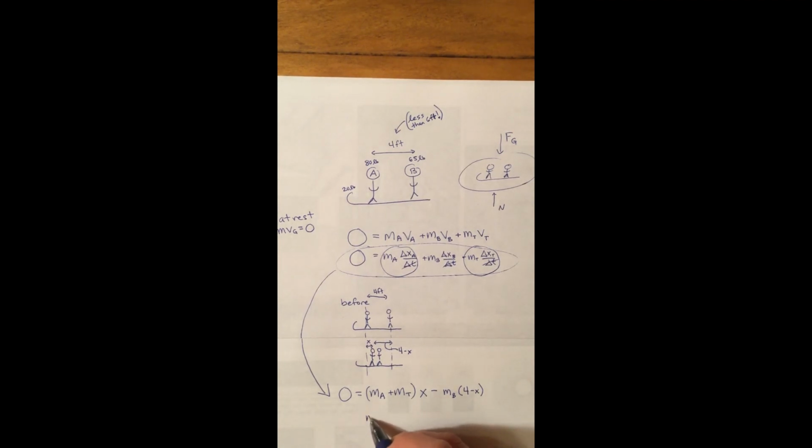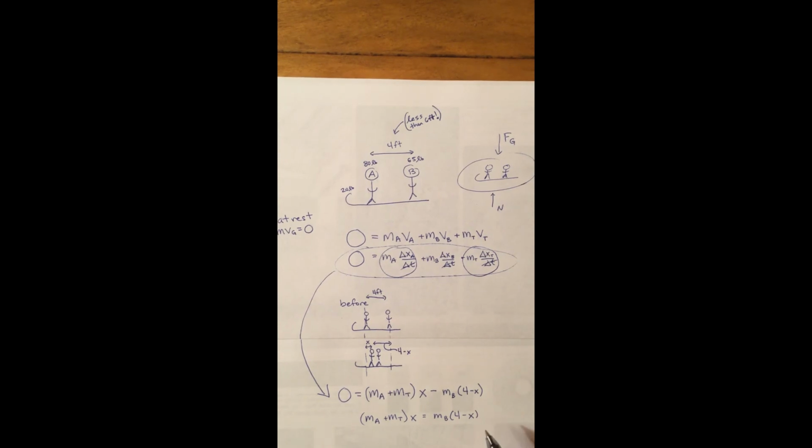So we have mass of A plus mass of the toboggan times x is equal to the mass of person B times 4 minus x. And we want to solve this for x.